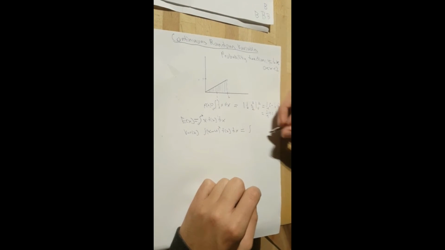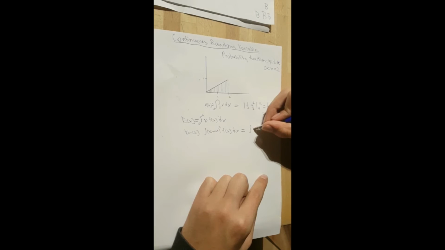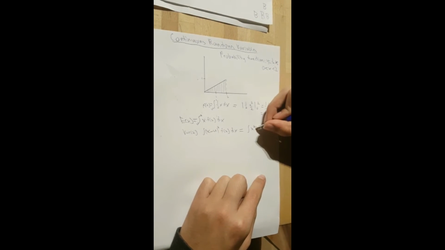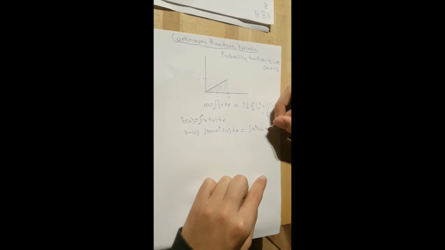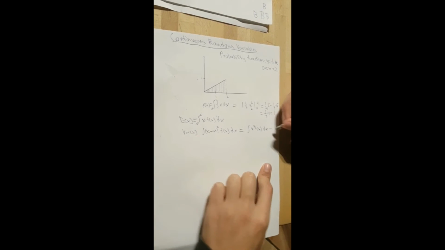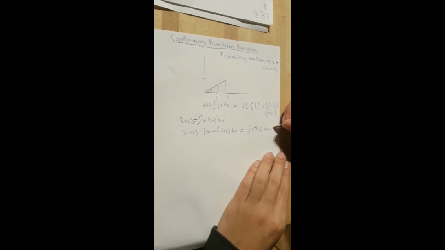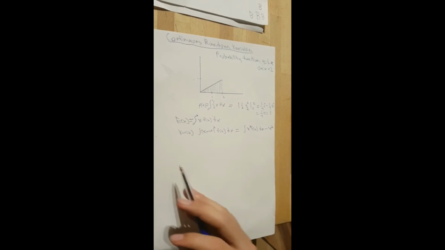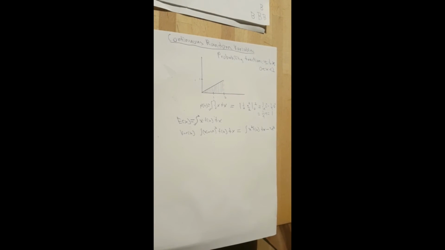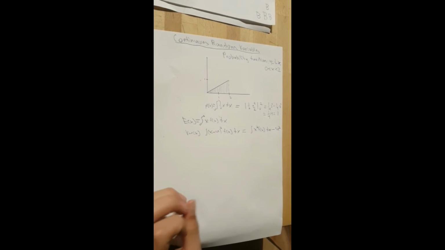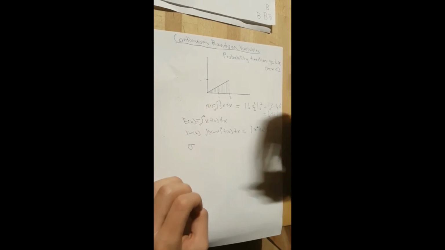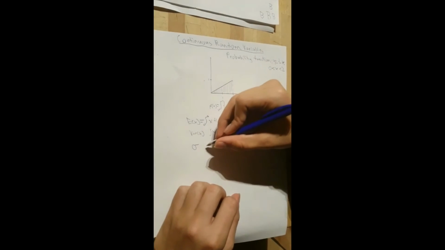It's the integral of x squared times the probability dx, minus the mean or expectation squared. This is the exact same form as the one for discrete random variables. And finally, the standard deviation is just the square root of the variance again.